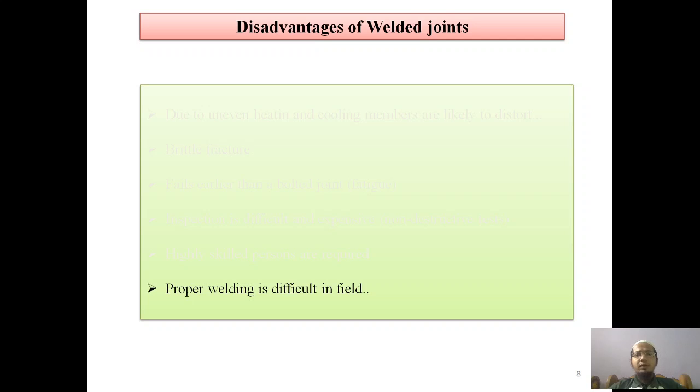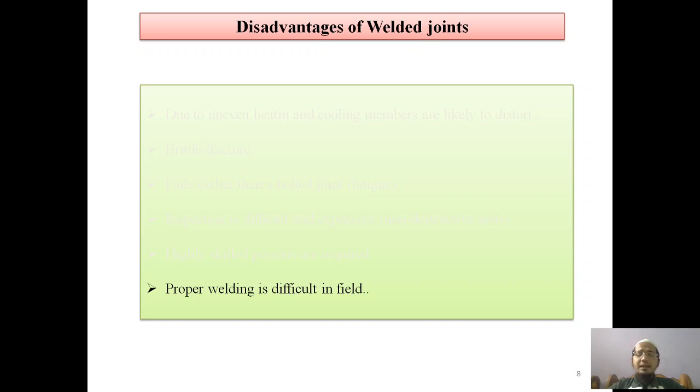In case of bolted joints, we can provide bolting at the site as well as in the field, and there will be no reduction in the strength of the joint in case of bolted connection made in field or shop.